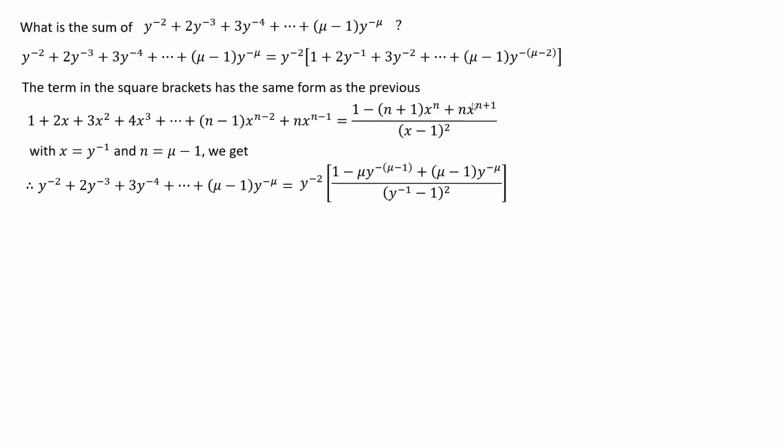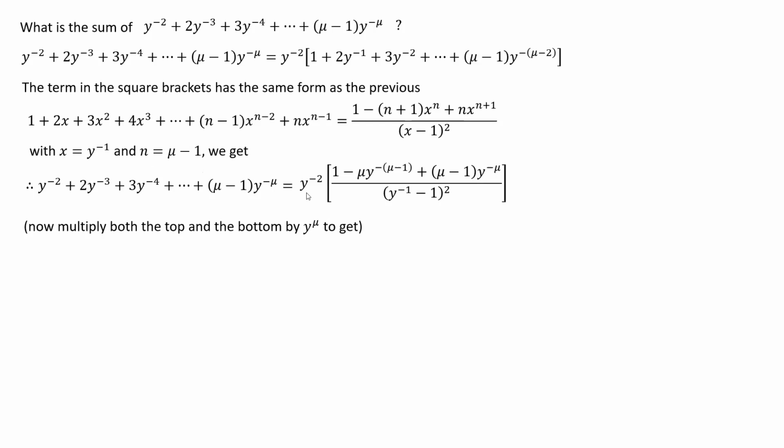X to the n plus 1 is y to the negative of n plus 1, but n plus 1 is mu, so this is y to the negative mu. Cool. All I'm doing is plugging these values wherever I see an x, I'm plugging y to the negative 1, and wherever I'm seeing n, I'm plugging mu minus 1 and simplifying it. Cool. And this is what we get.